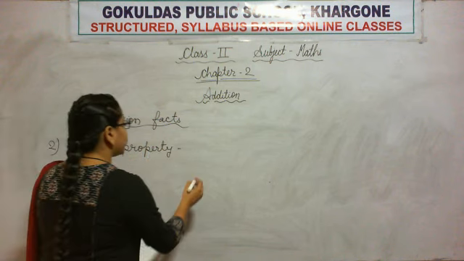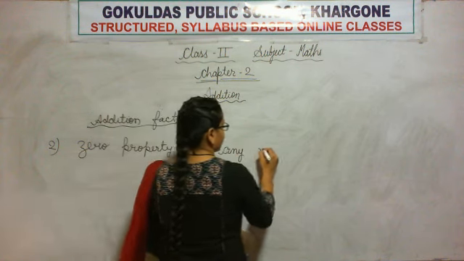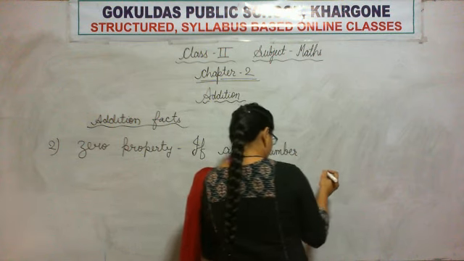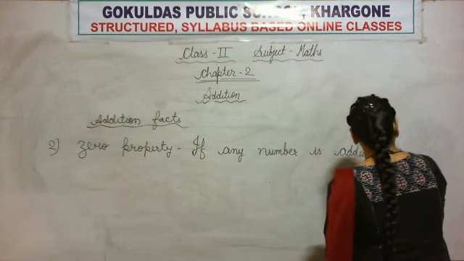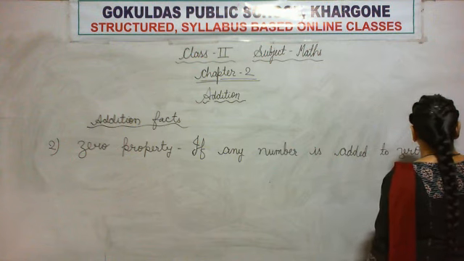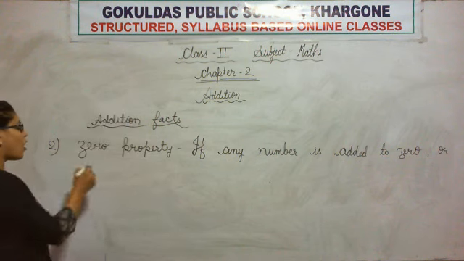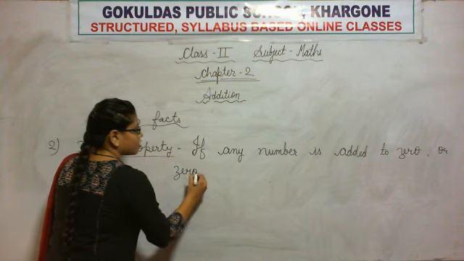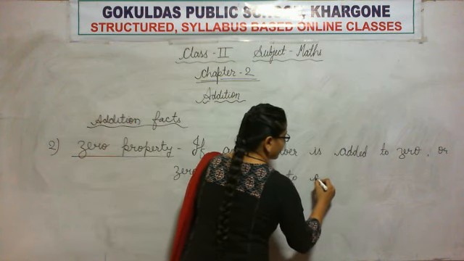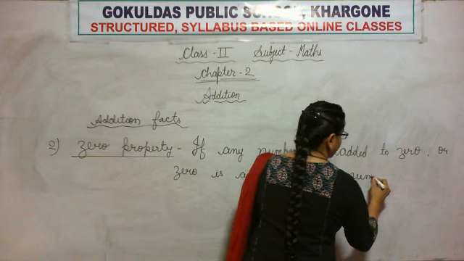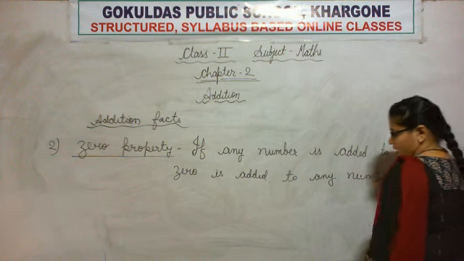The zero property states that if any number is added to 0 or 0 is added to any number, the result remains same.